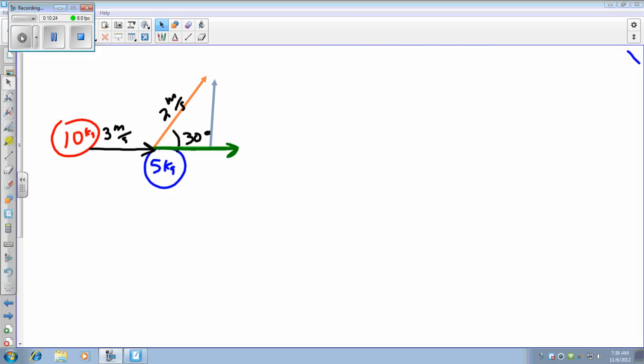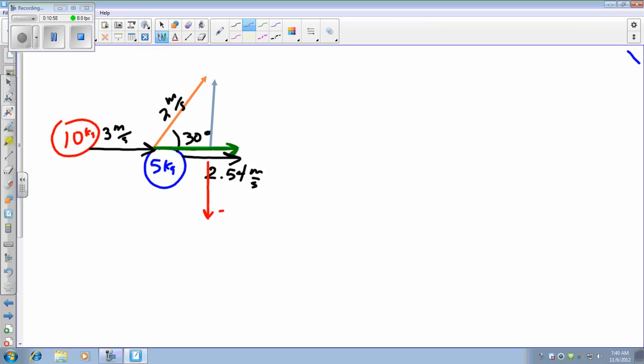Let's go back to our picture for a second. Essentially what we've done, and I cheated and copied and pasted the picture into a new document, sorry if your notes are a little cramped for this, is we've found the velocity of the 5 kilogram ball in the x component to be 2.54 meters per second, and the final velocity in the y component to be -2 meters per second.